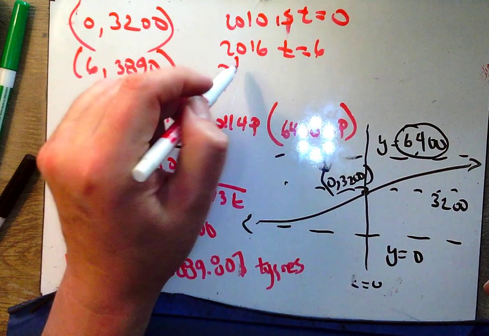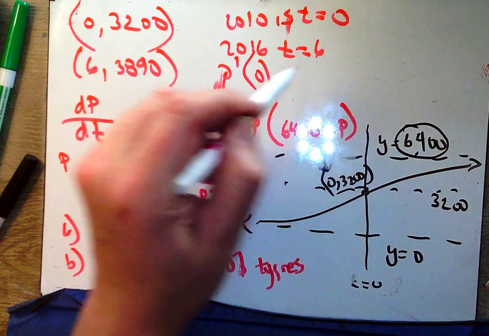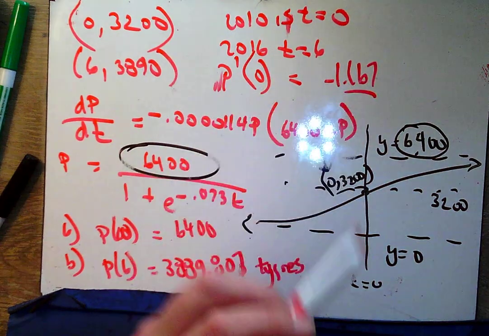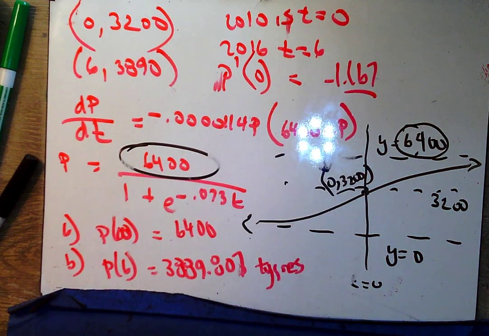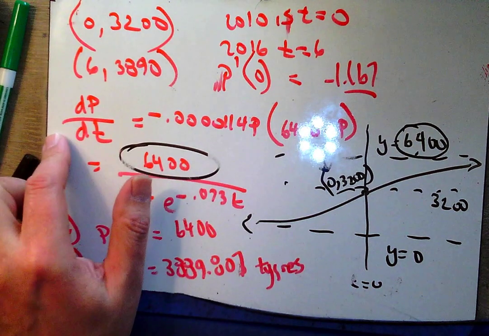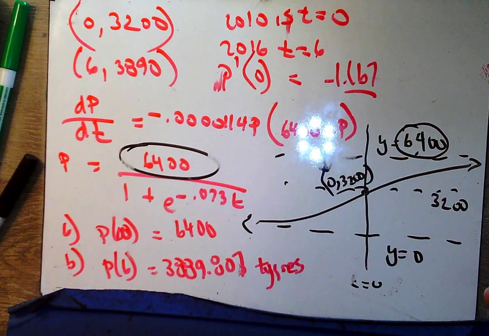And I get p prime of 0 is, what? No, that can't be. That's not right at all. Because this always has a positive slope. That's interestingly weird. Well, that's very, very interesting.